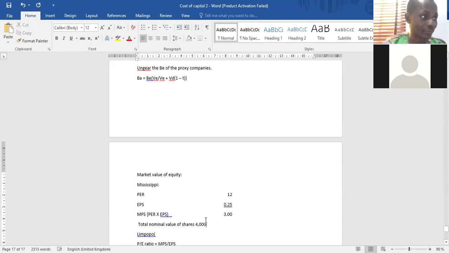That's the total nominal value of shares in naira that we have in the statement of financial position, right? Yes, sir. Okay. Now, the nominal value per share is 25 kobo.